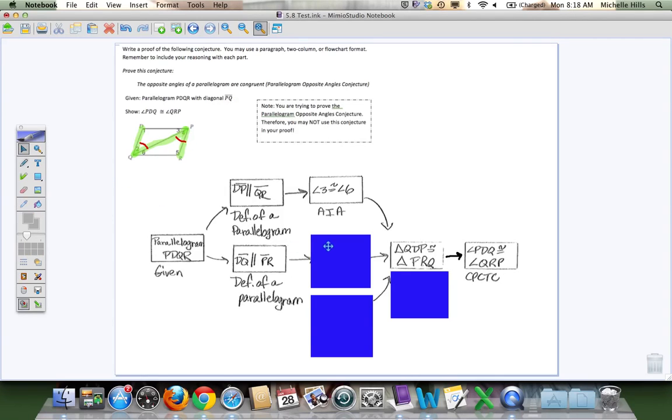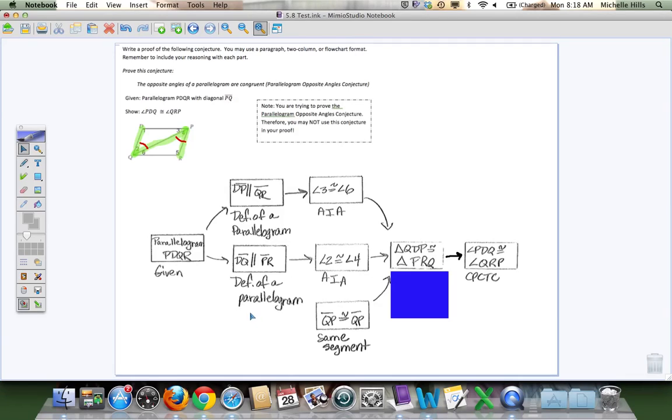Those are my alternate interior angles that are congruent. I don't get 3 and 6 and 2 and 4 from the same set of parallel lines. Now, I still have, QP is congruent to itself. So in this case, I end up with an angle-side-angle congruence instead of a side-side-side.